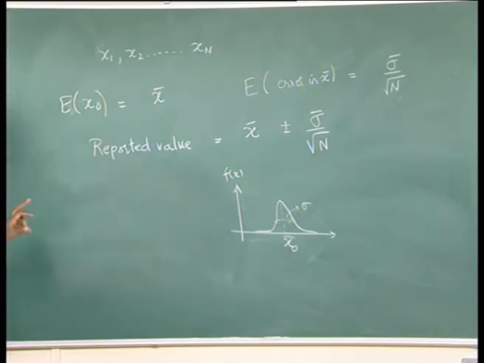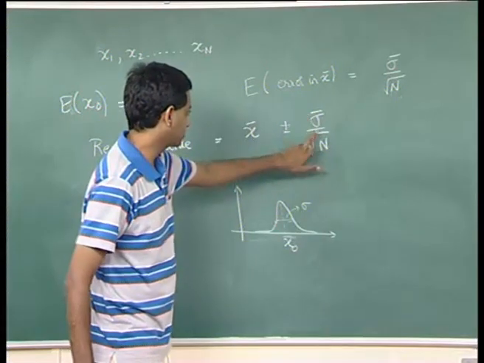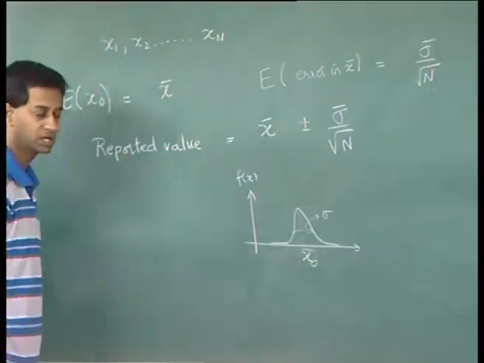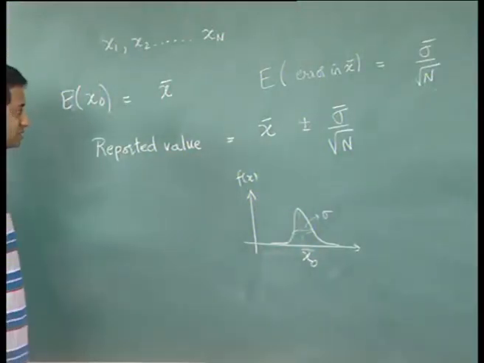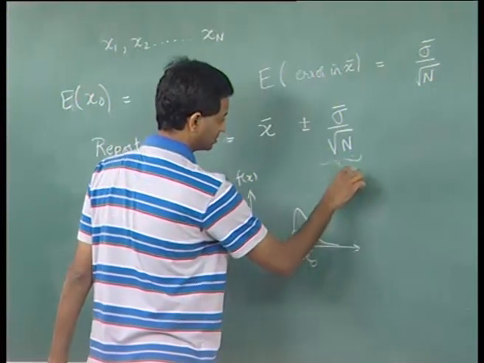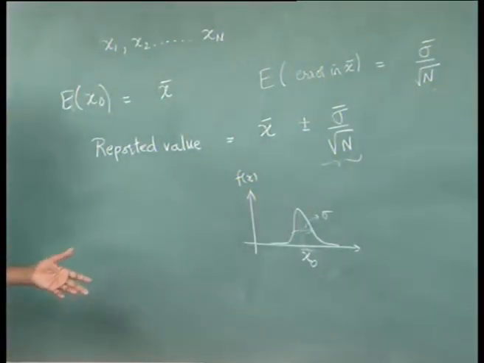What this means is that when you look in the range of plus minus sigma bar by square root of n, you can say that a large number of the values will be within this range.